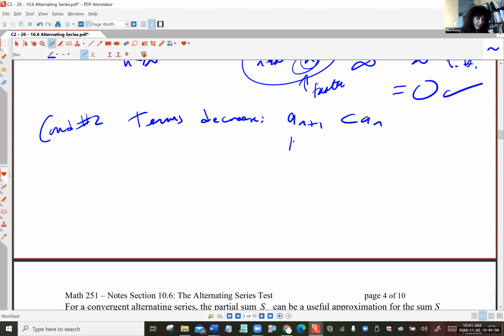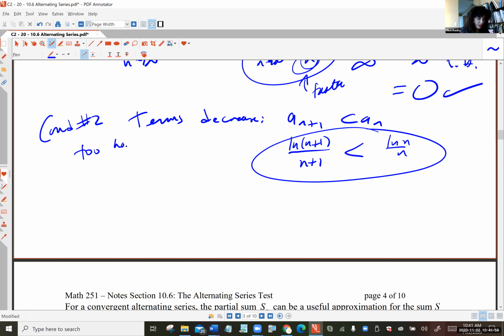You'd have to prove that ln(n+1) over n+1 is less than ln n over n. And you've got too many things that are varying here. Both the numerators and denominators are varying. So this would be too hard to prove using one of those cute little mini proofs.